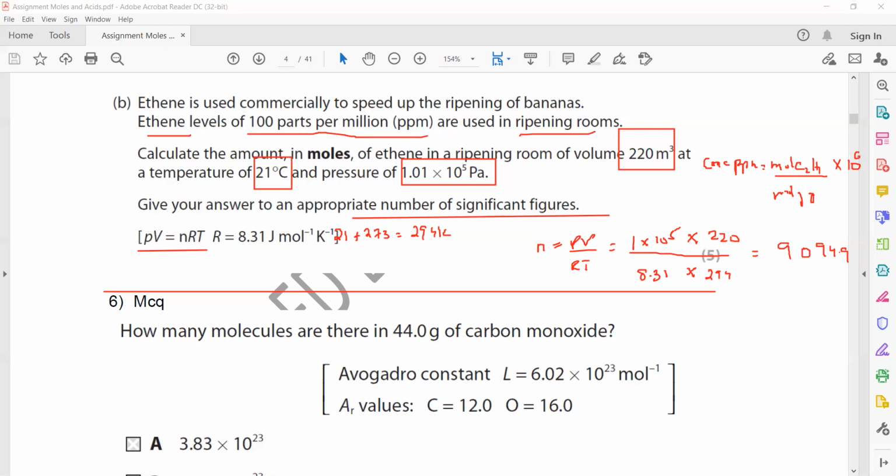So we need the moles of ethene. Concentration is given for ethene, which is 100. Moles of a gas we've already worked out, that is 9094.9. So we have this value, concentration is there, and we can find the moles for ethene. Is it clear?